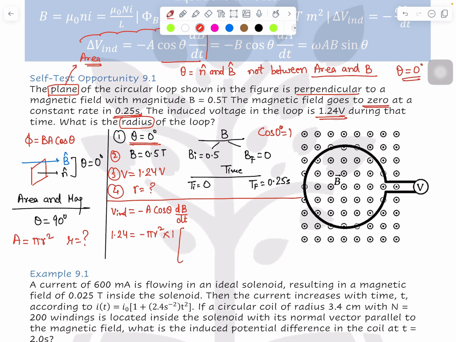So what is dB by dt? Final minus initial. So delta B is 0 minus 0.5, divided by final 0.25 minus 0.